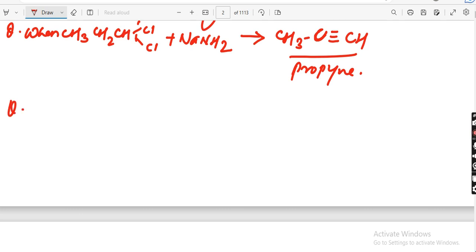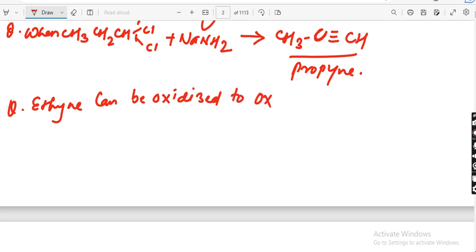Next question: ethyne can be oxidized to oxalic acid by which of these?